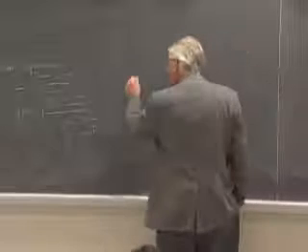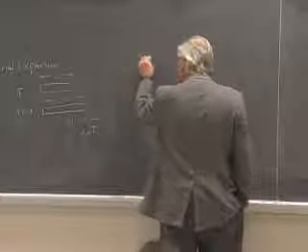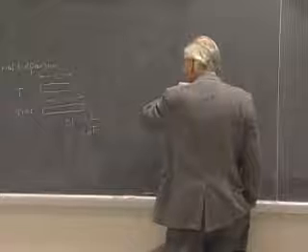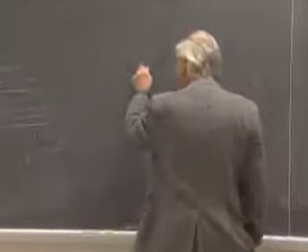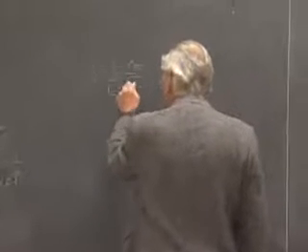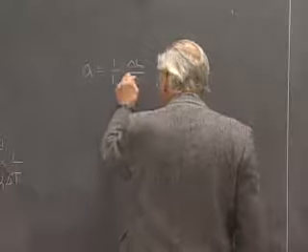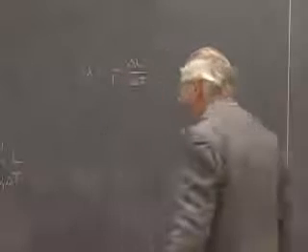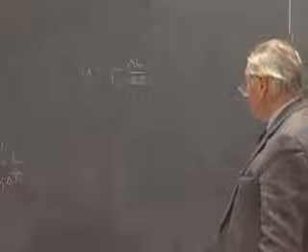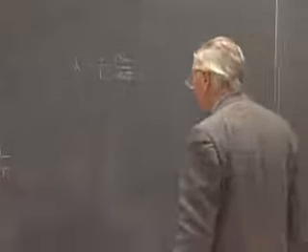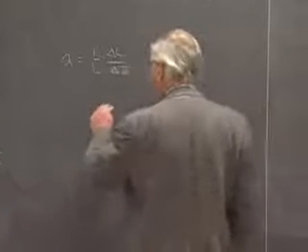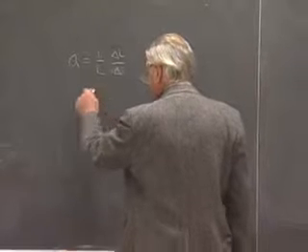So we can define then the linear thermal expansion coefficient for this rod as 1 over L, delta L over delta T. Okay, so this is something that will give us the fractional change of length.